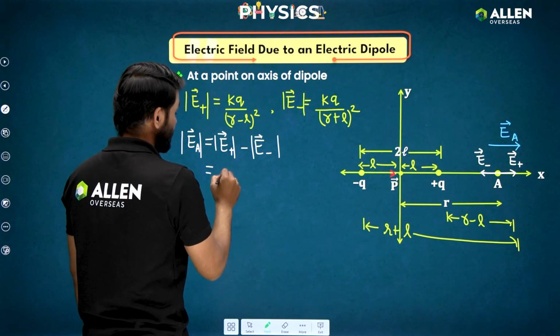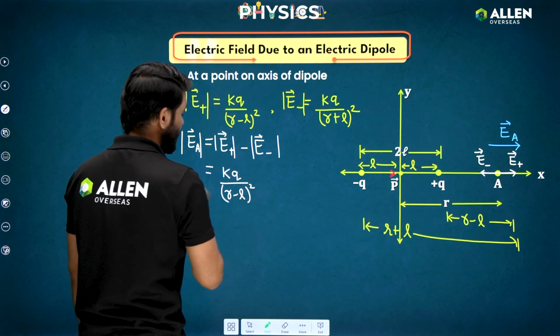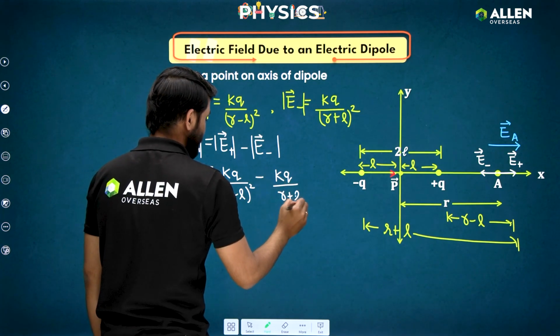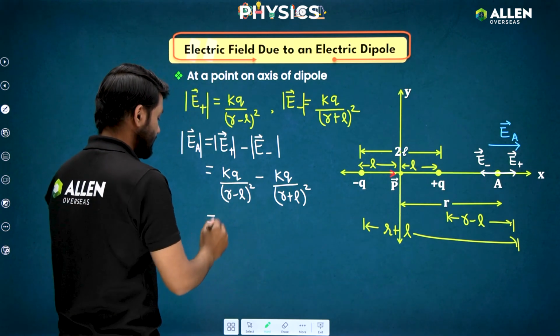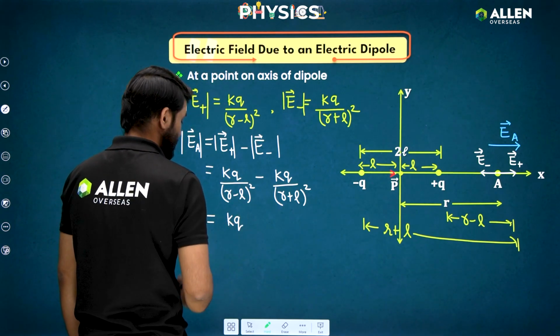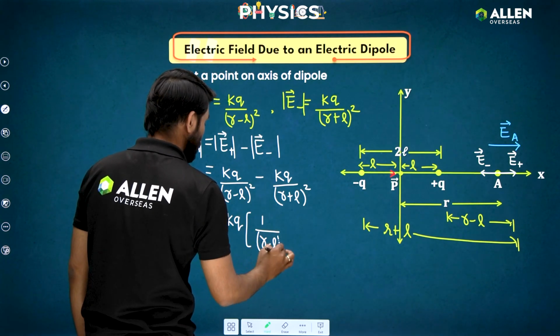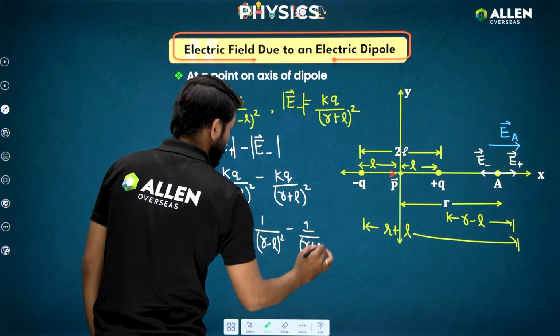Now see, it's KQ divided by (R minus L) whole square minus KQ divided by (R plus L) whole square. Right, students? You can take KQ common, and it's 1 upon (R minus L) whole square minus 1 upon (R plus L) whole square.